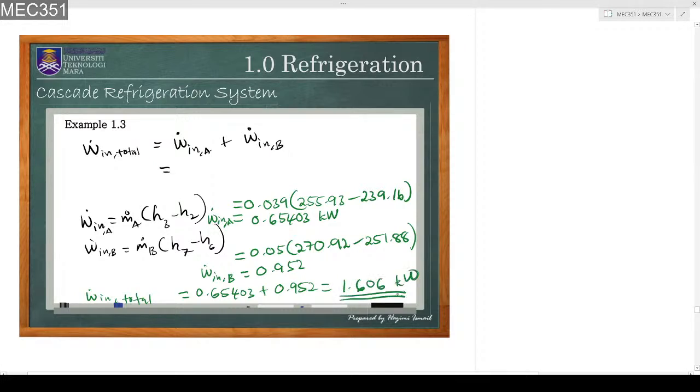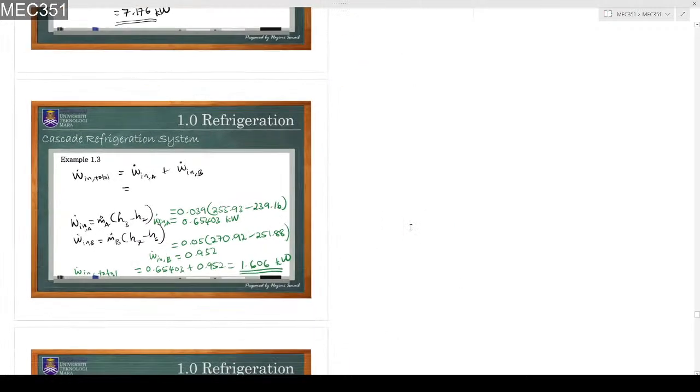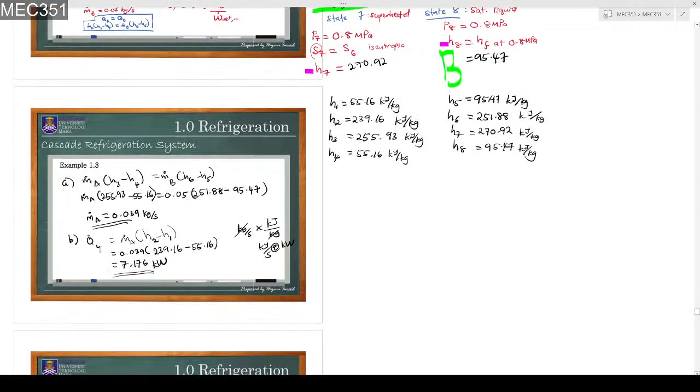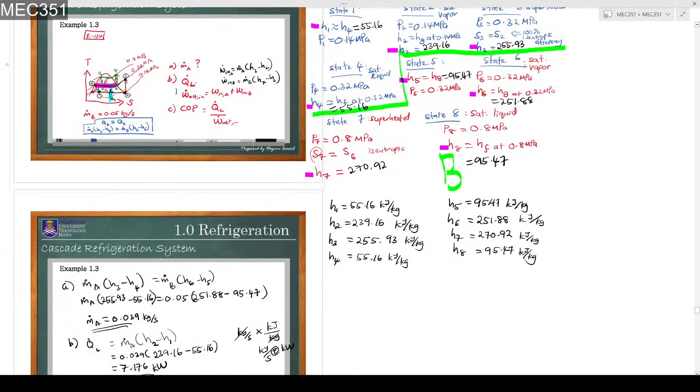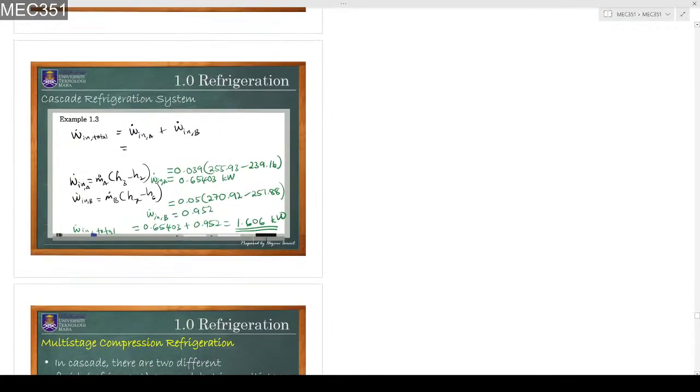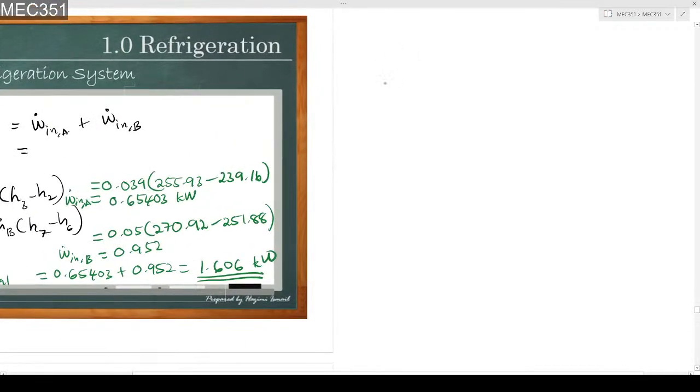So this is the total work in. Okay, so we finish our question B. So finally we have to calculate COP. Okay, I put it here.